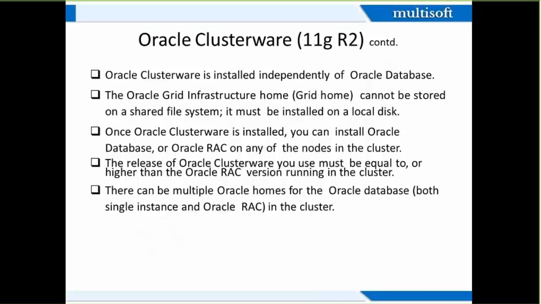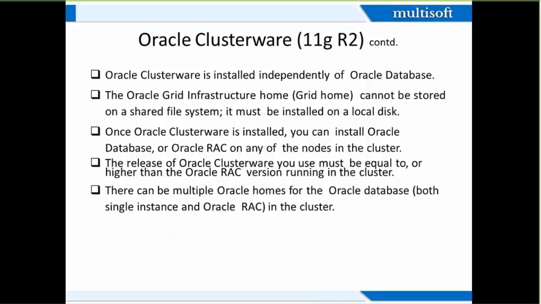When I'm talking about RAC, it means Real Application Cluster, a cluster which is managing the database. So the version of clusterware should be greater than or equal to the database you are going to install.